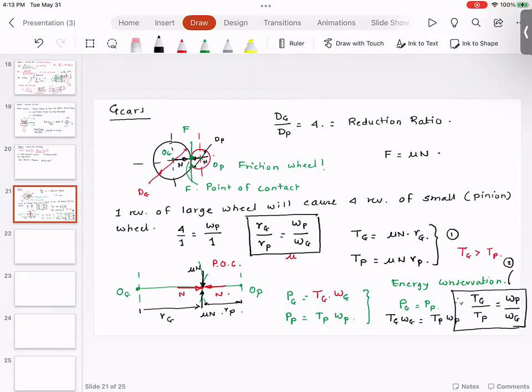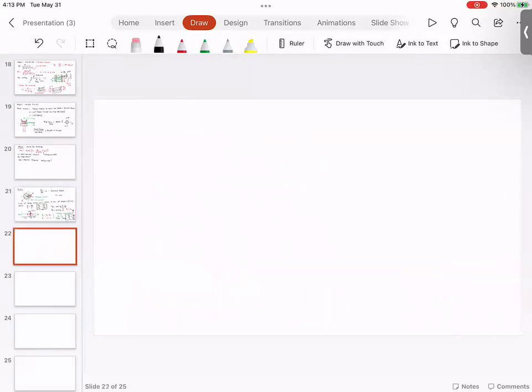But here is the basic issue. For continuous and smooth power transmission, this is called the law of gearing, and remember this all the time.